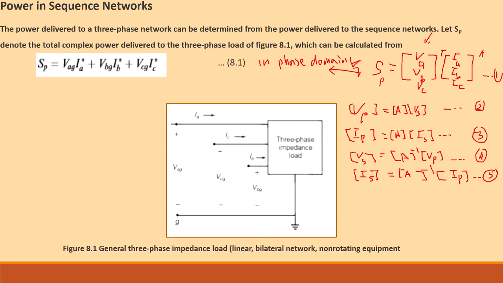These are the phase quantities of voltages, and these are the phase quantities of the currents. Equation number 2 and 3, by means of these equations, we can transform the phase quantities to the sequence quantities.